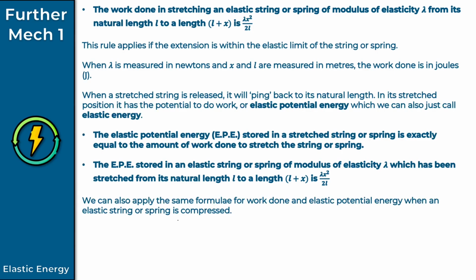We can also apply the same formulae for work done and elastic potential energy when an elastic string or spring is compressed. You'll see exam questions and general practice questions where you have an elastic string or spring that is compressed, so just be aware that it also works for an elastic string or spring being compressed. To finish, let's work through two examples together.